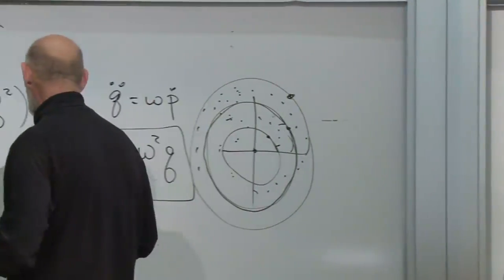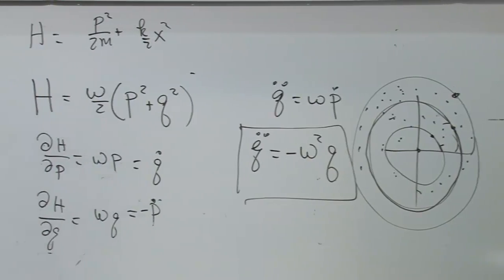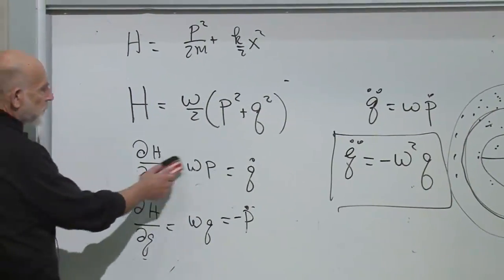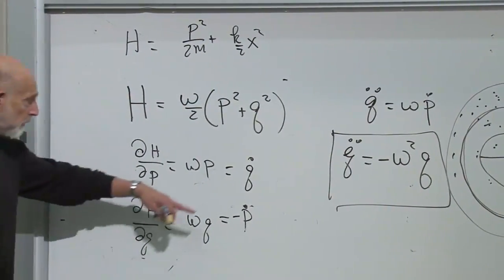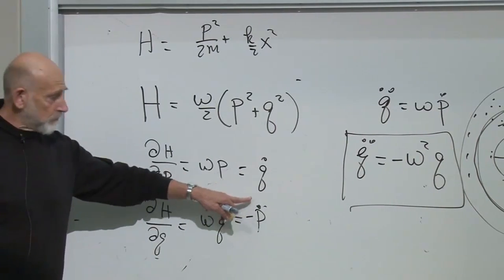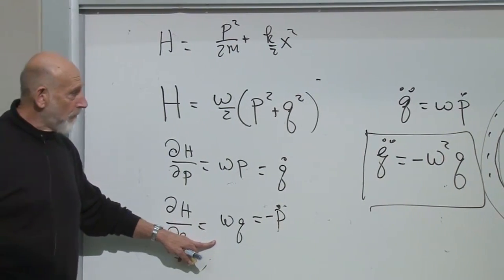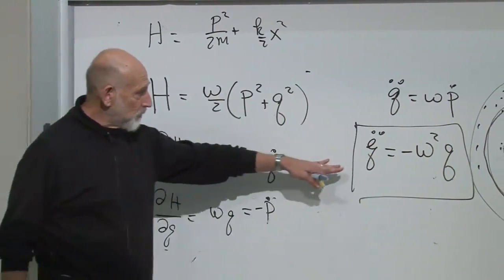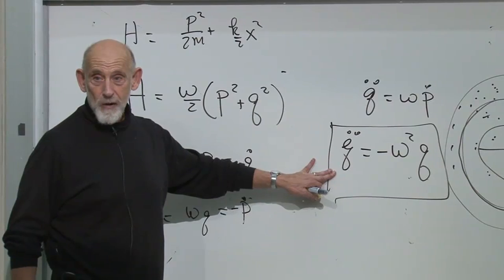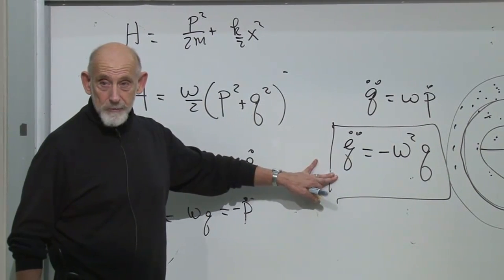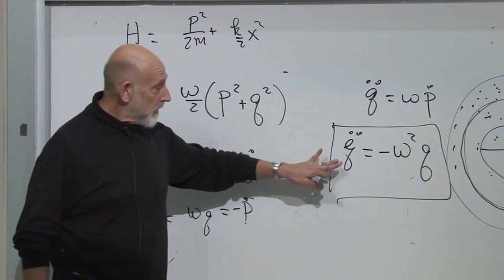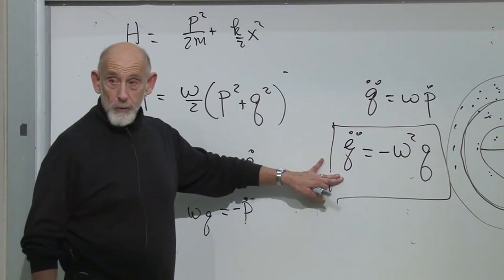Here are 2 first-order equations. First order means only first-time derivatives appear. Combine them together, and you get one second order equation. This is the usual F equals ma. This is the form that the Euler-Lagrange equations come out in.